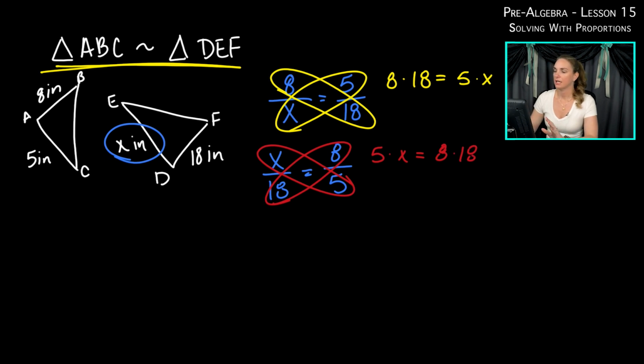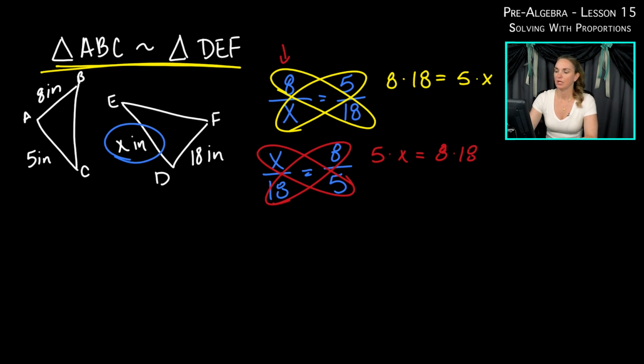So notice that even though in this first problem we put proportional sides on one side of the equal sign and the other proportional sides from different triangles, in this one we put sides from the same triangle equal to sides from the other triangle. So it doesn't matter which way you write it.